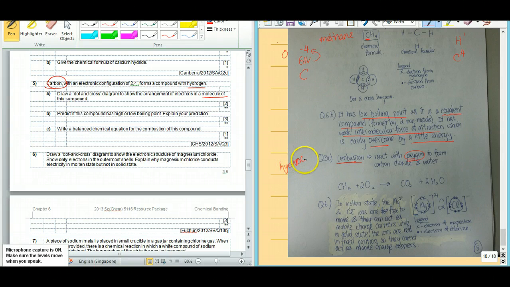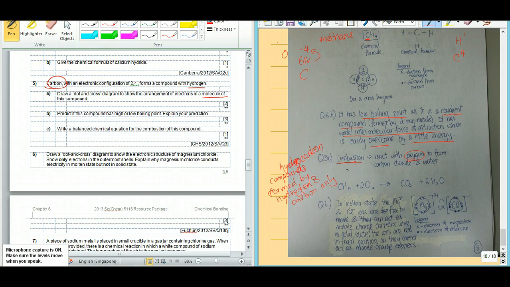It's actually found in your chapter 20. But never mind, regardless, the case is hydrocarbons. That means they are compounds formed by hydrogen and carbon only.